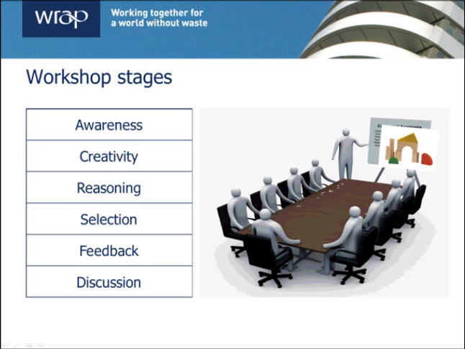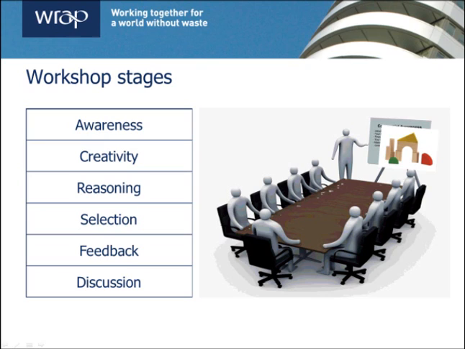The second session on creativity aims to generate a wide range of ideas for design changes that have the potential to reduce waste, using facilitation such as post-it notes to ensure that all ideas, no matter how seemingly improbable or insignificant, are captured.